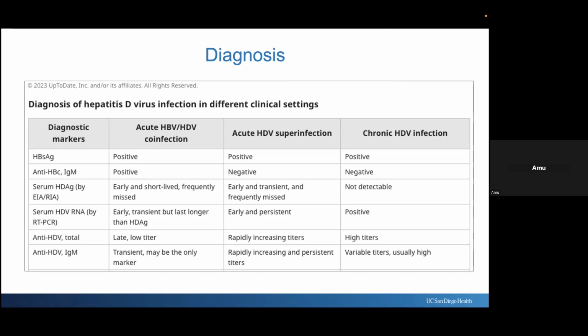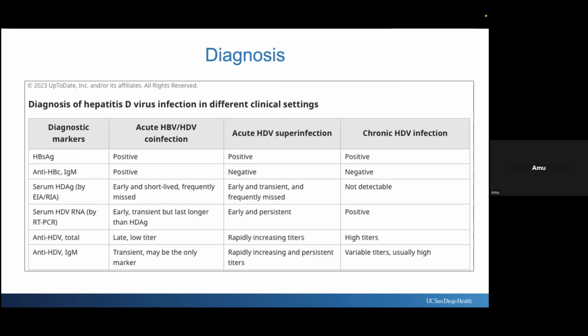Antibodies typically can be detected by about 4 weeks of infection. IgM hepatitis D antibodies are present in high titers during acute infection, and both IgM and IgG are often high during chronic infection. The titers appear to correlate with the level of replication and severity of liver disease. Chronic infection is characterized by persistent detection of hepatitis D RNA after 6 months.